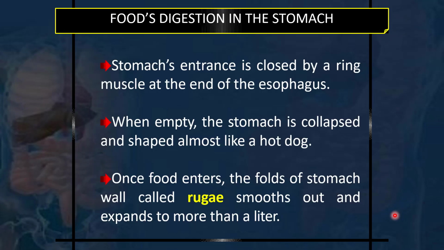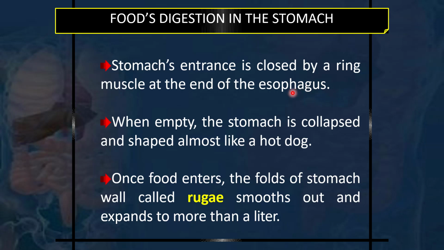When we look at the stomach and the digestive process in it, we need to know some facts about it. The stomach's entrance is closed by a ring muscle at the end of the esophagus. What does that mean? It means that there is a physiological sphincter at the junction of the esophagus with the stomach.